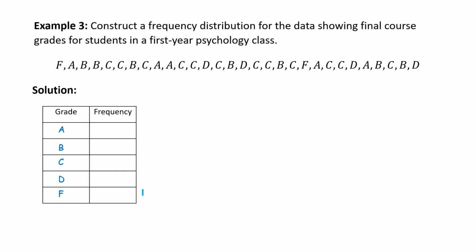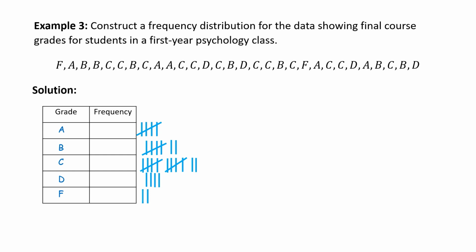So I'll begin with F, A, B, B, C, C, B, C, A, C, C, D, C, B, D, C, C, B, C, F, A, C, C, D, A, B, C, B, D.